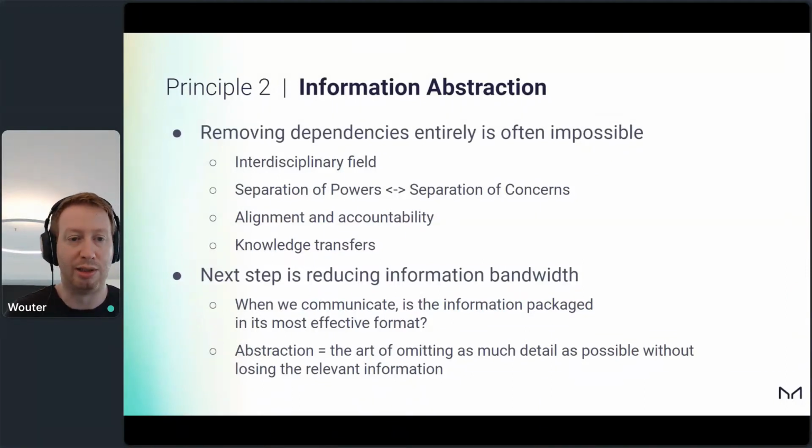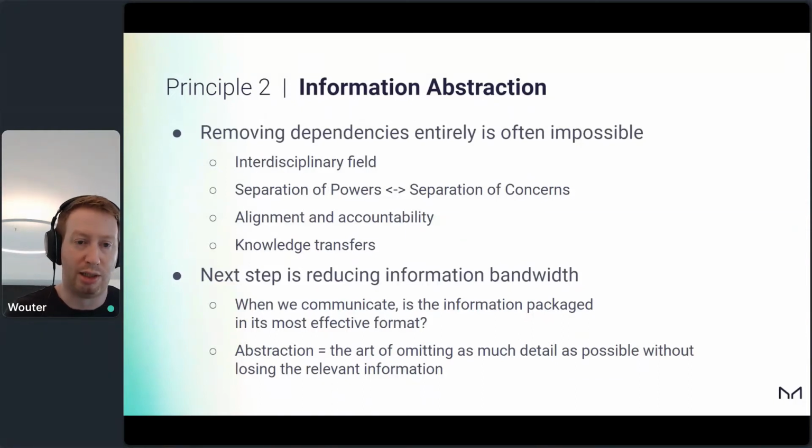We have this idea in the decentralized organization of separation of powers, and that's somewhat, it sounds similar, but it's actually quite opposite to separation of concerns, because it really depends on the different groups of people checking on each other. And when you need to check on someone else, that is a big communication overhead, because, for example, they need to report to you about their work, and then you need to communicate the feedback back to them. So there's some contradiction there.